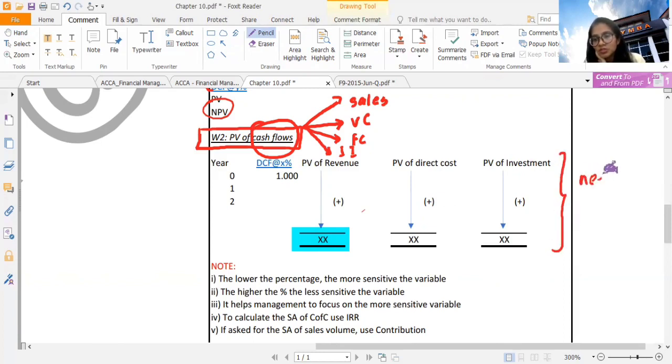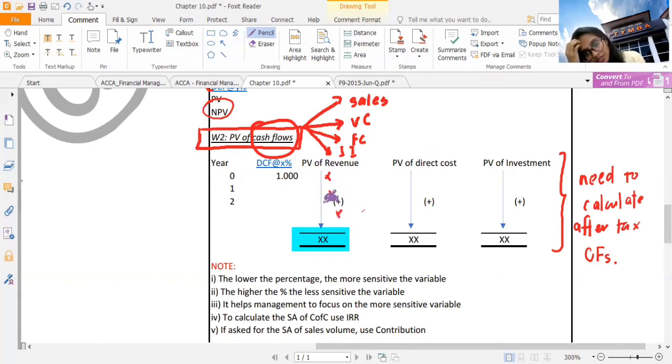So just put a note for yourself here. After tax cash flow, right?